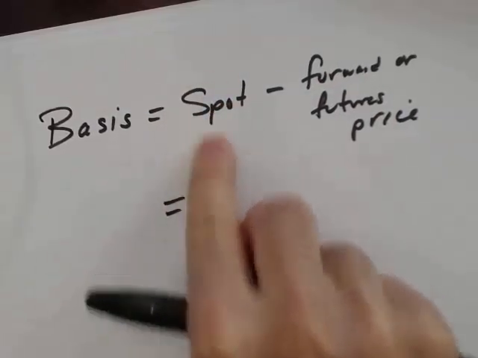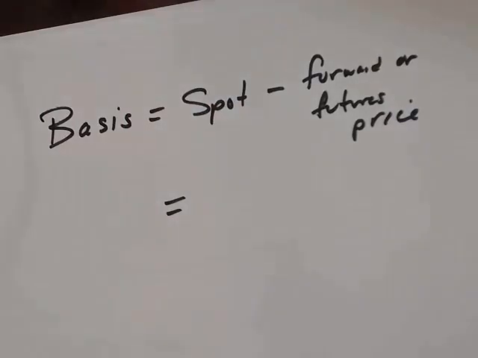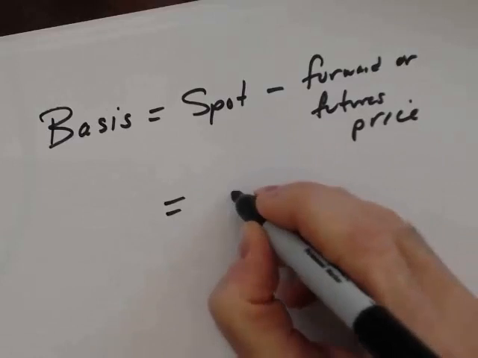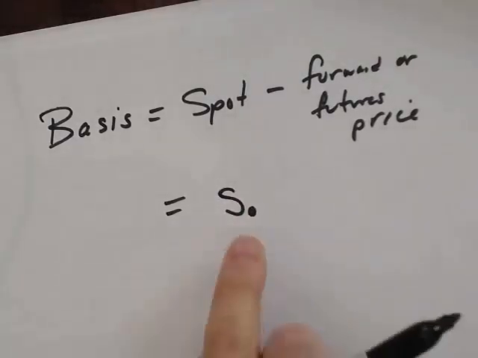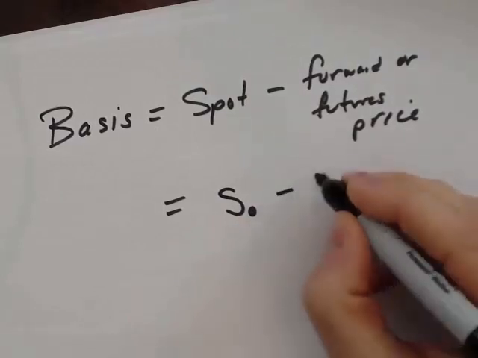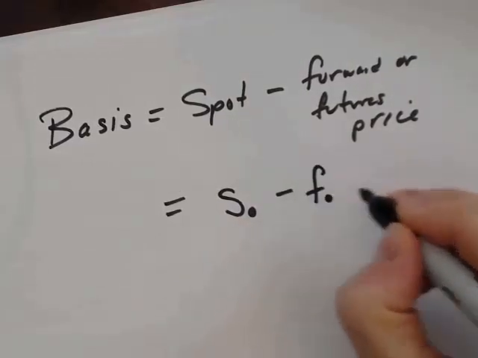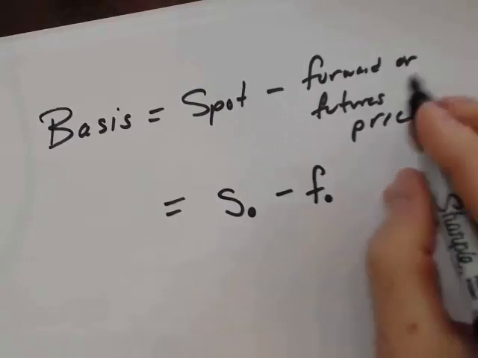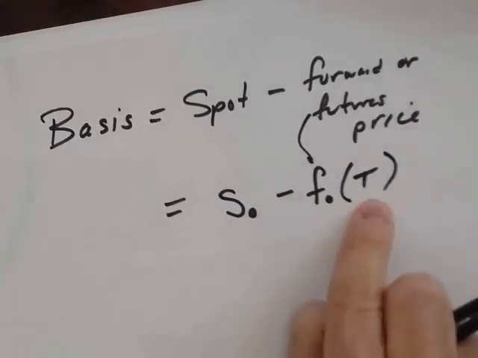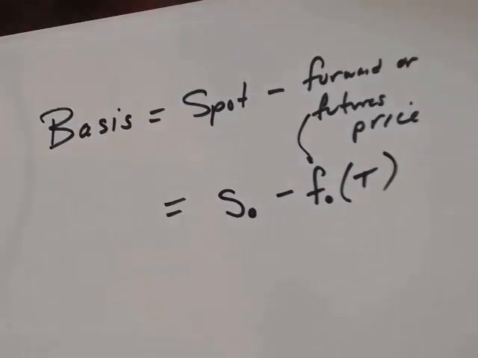But we're going to define it as the basis is the difference between the spot price today, time 0, minus the futures price. Let's just do the futures here. At time 0 that matures at time T.